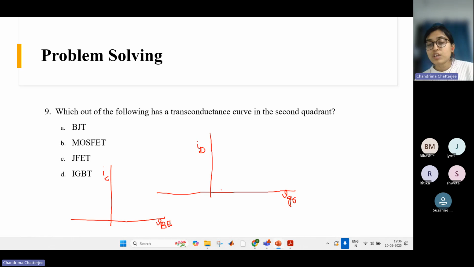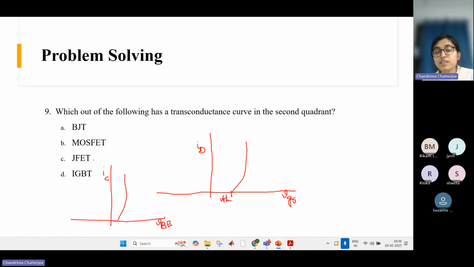For MOSFET also the curve is here. The curve starts like this, and this voltage is the threshold voltage VTH. And for BJT also the curve is something like this. So none of them has the characteristic in the second quadrant.